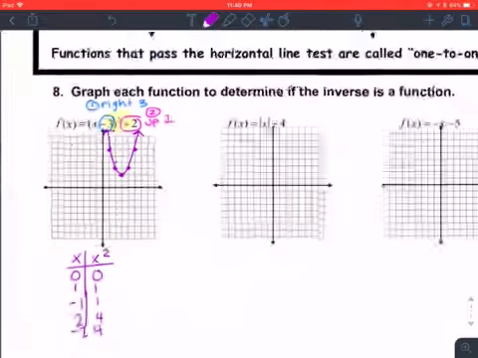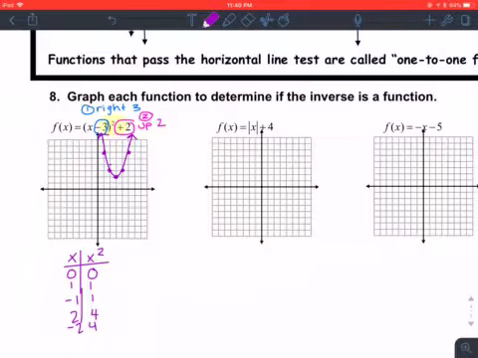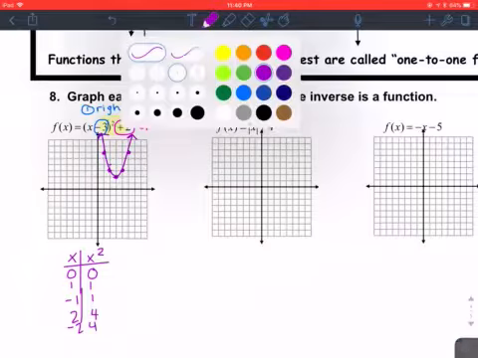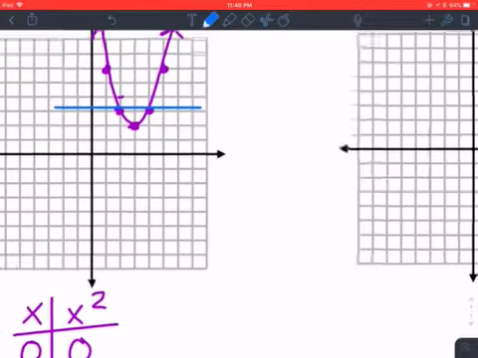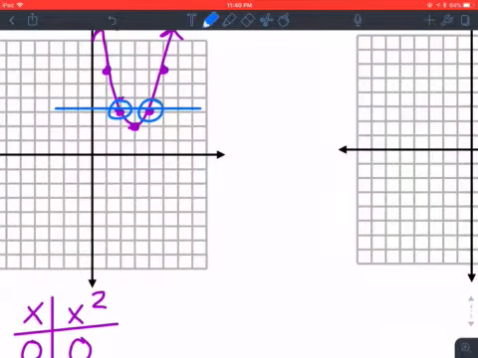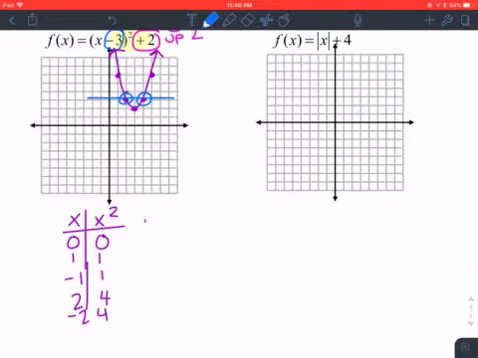And we need to determine if the inverse is a function. So we know the original is a function, but we need to know if the inverse is a function. So we're going to check with our horizontal line test. Notice when I draw a horizontal line, it crosses in more than one spot. So we cross here and here. So the answer is no, the inverse is not a function.